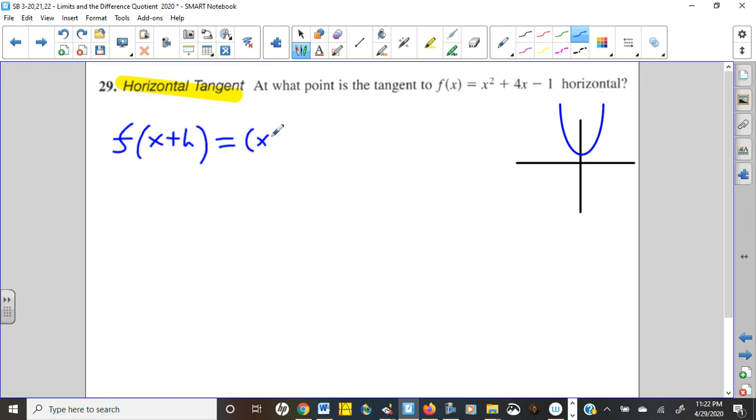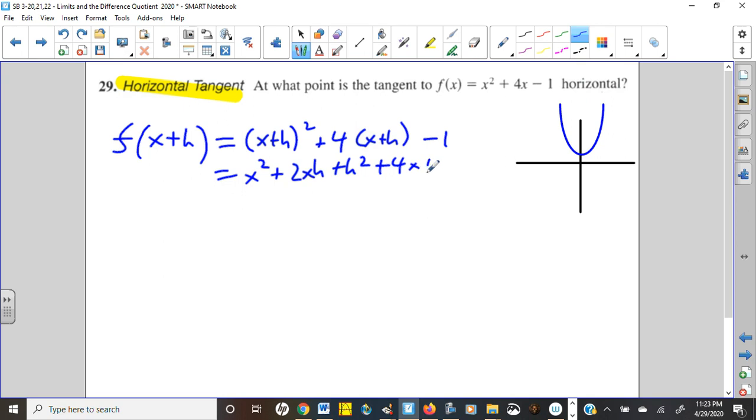So I'm going to go ahead and do (x plus h) squared plus 4 times (x plus h) minus 1. And so we're going to FOIL that out. x squared plus x times h, plus another x times h, so 2xh, plus h squared. So that's that squared, and then distribute the 4, so 4x plus 4h.